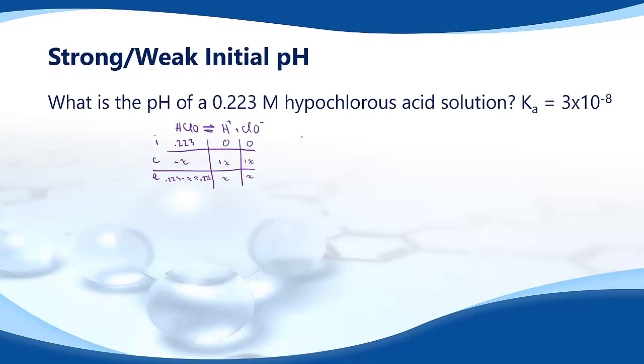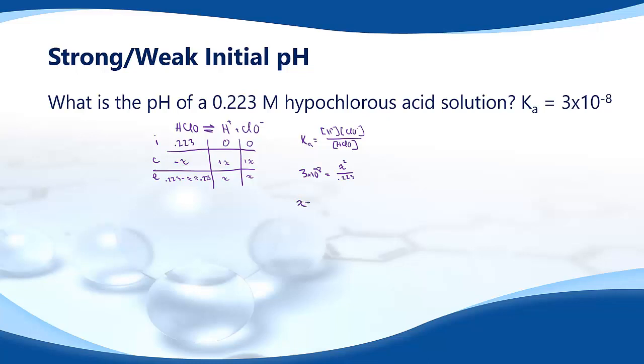So again, we wind up with Ka equals H+ times ClO- over HClO. So we're going to have 3 times 10 to the negative 8th equal to x squared over 0.223. Just solve for x.